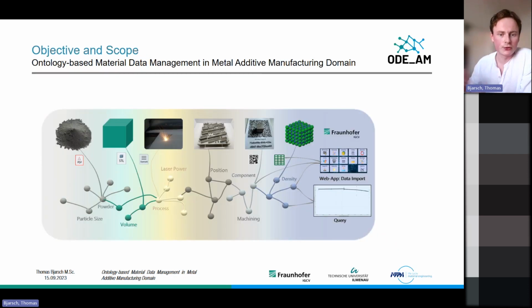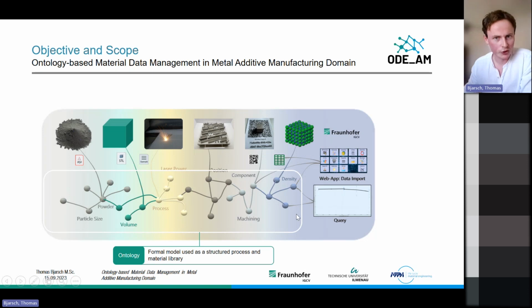In order to address this challenge, we propose the following system. We can see here an excerpt of the manufacturing chain, starting with the raw material and ending with the actual material characterization. We want to have an ontology, which is just a formal model, capable of taking all the information and data along the process chain and structuring it in an expandable and reusable model.